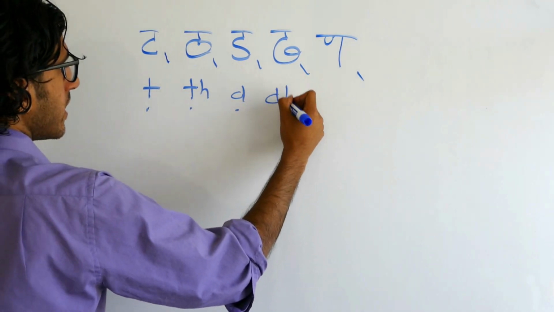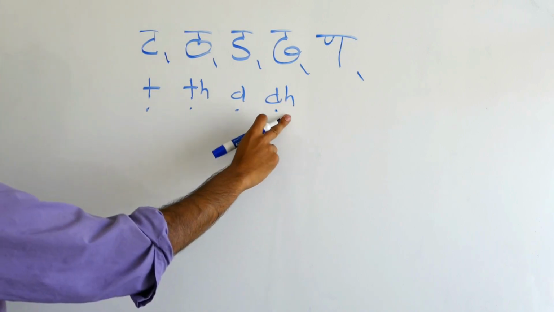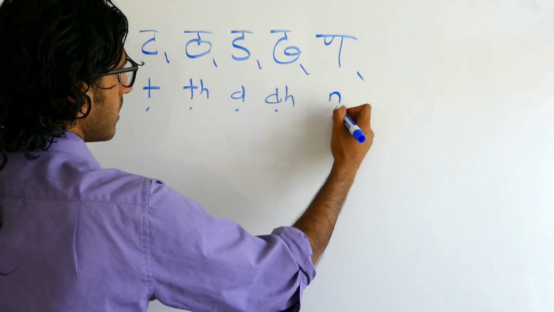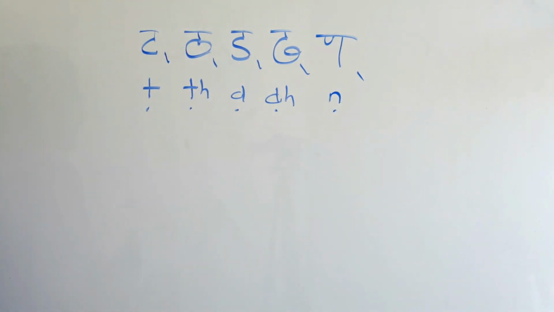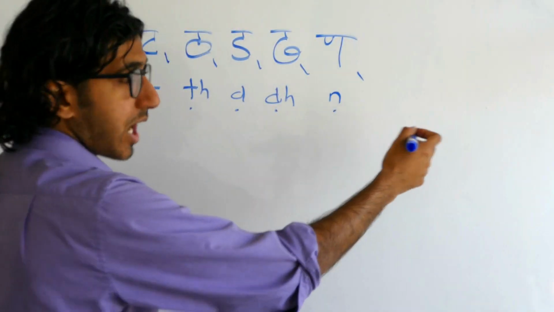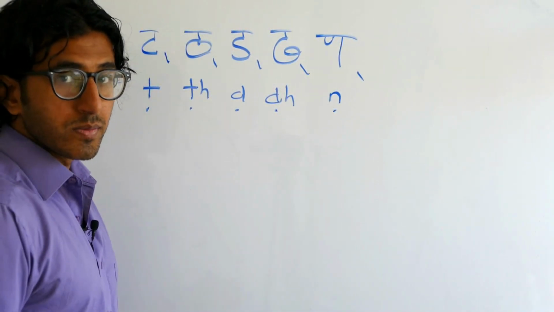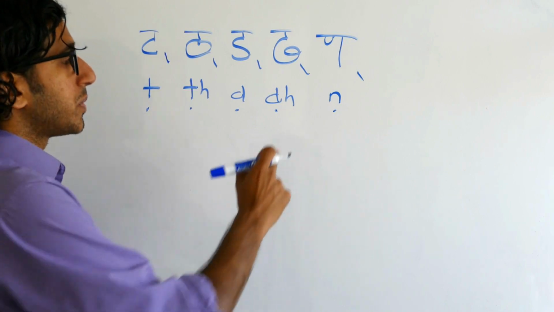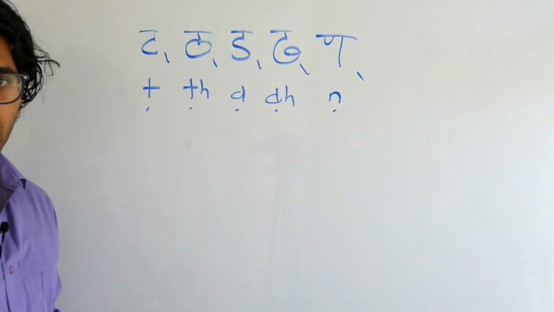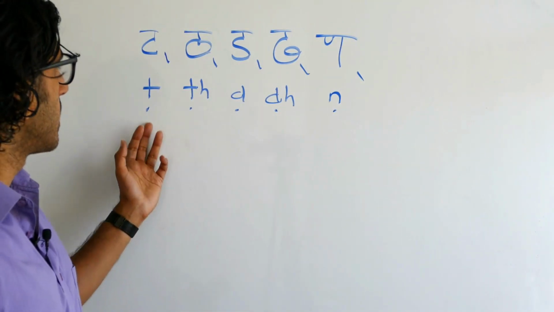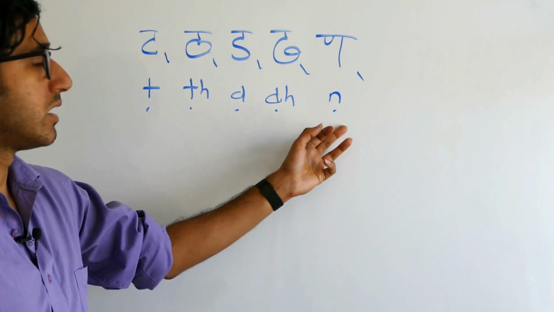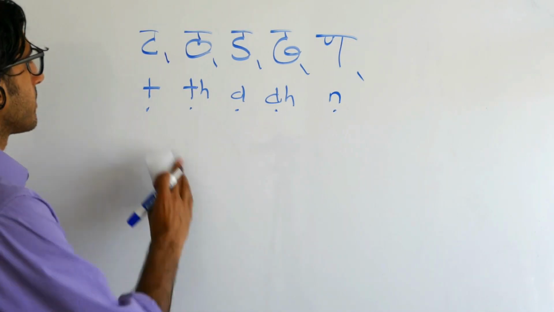Then we have a dha, d with the dot underneath and an h, and a na, n with the dot on bottom. So before we had n with the dot on top for a ng, right? And a squiggly line for the nya, but this will be n with the dot on the bottom. You will get these gradually. So this is ta, tha, da, dha, na, right?